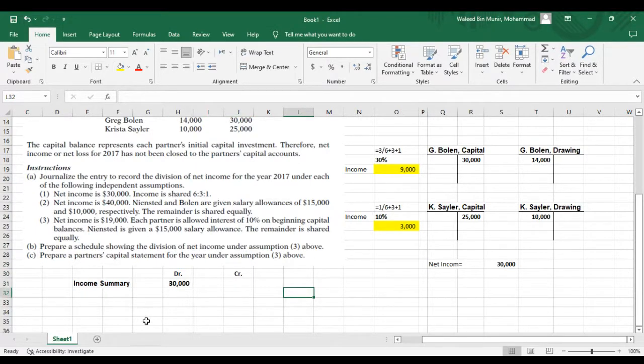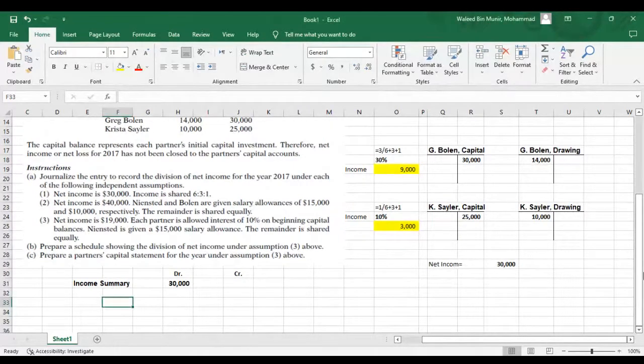What will be credit? Actually, here we are not showing the step before, but in real life you have one step before this one. There is a revenue and expense account closing. You close revenue and expense with income summary. Then basically you close income summary to the capital account. This is what we are doing in this step. That is what we call a closing process.